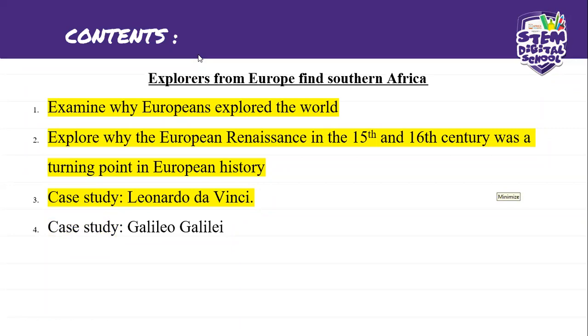The things that we did the other week were the European Renaissance in the 15th and 16th century. The topic we focused on was the changes in Europe that made it possible for Europe to explore the other parts of the world. We spoke about that Renaissance.